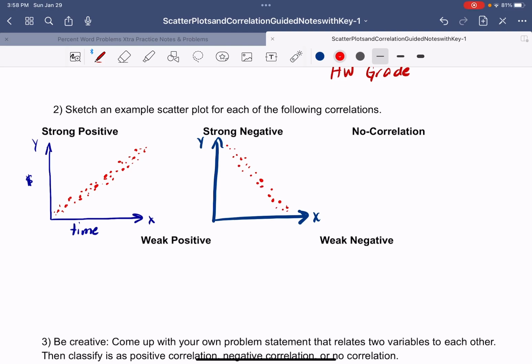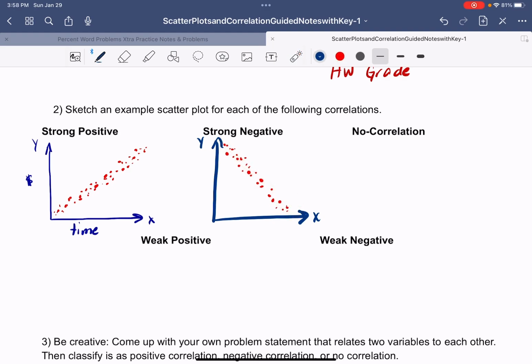It's going to be very easy to see something that would go this way. So as time gets higher, whatever this is goes lower over time. Okay, so you can see this is a negative correlation and it's very strong. We say it's strong because we have a lot of data points that center around this imaginary line, okay?